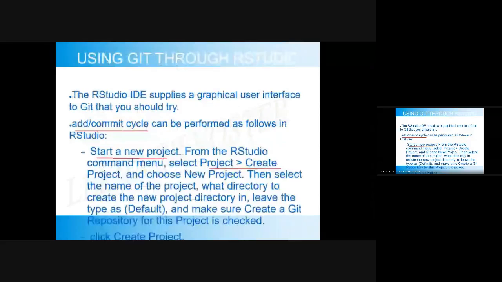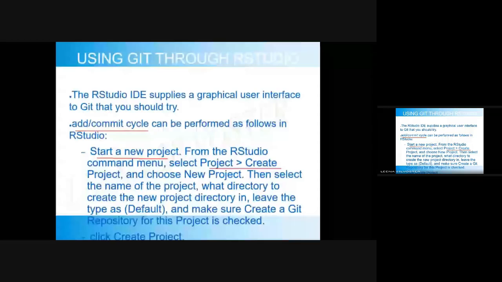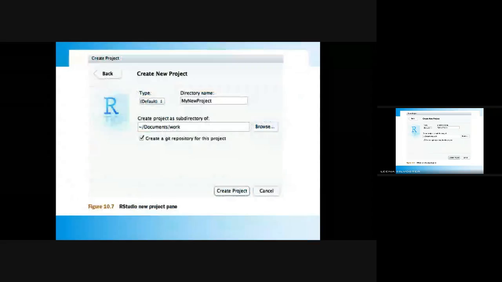Okay, next one is using git through RStudio. The RStudio IDE supplies a GUI to git that supports the add or commit cycle. So in RStudio, you can start a new project using create project like this. A screen will appear like this.